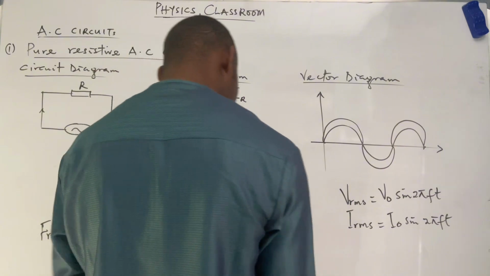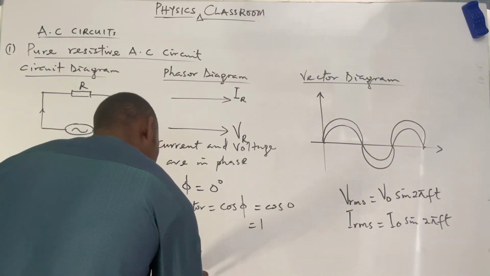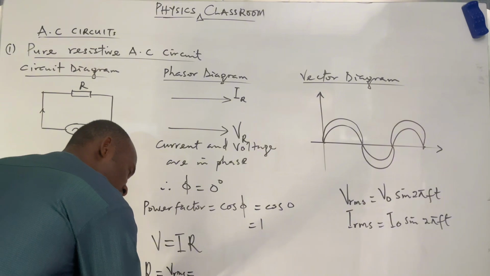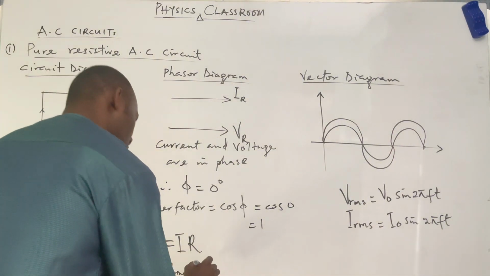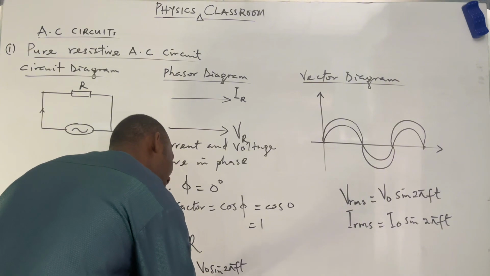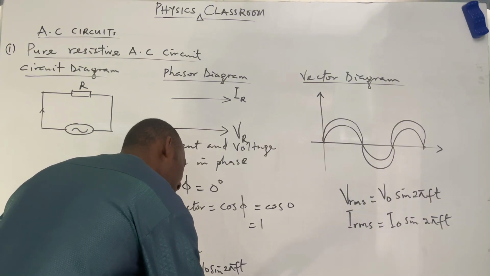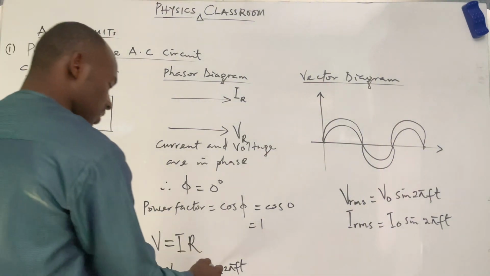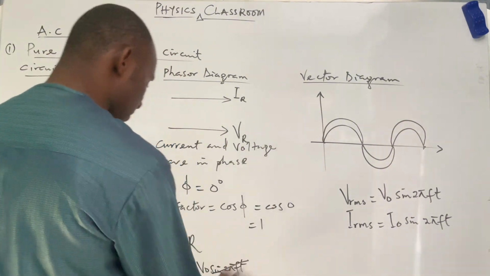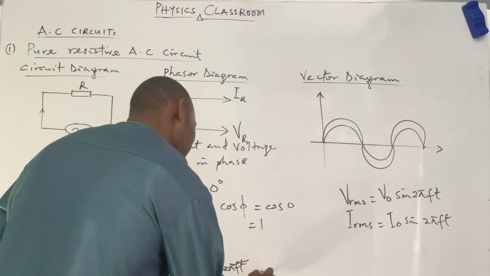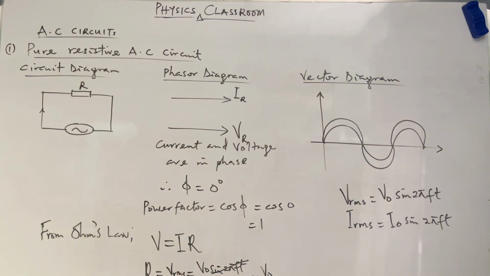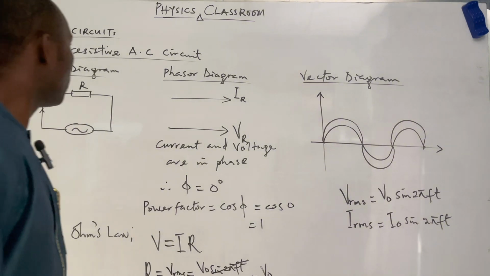If this is the case, we can easily say this V here could be changed to Vrms, and this I automatically changes to Irms, so R will be equal to V naught sine 2 pi ft all over I naught sine 2 pi ft as well. Something we cancel out. The sine 2 pi ft at the numerator cancels the one at the denominator. Then we'll be left with V naught all over I naught. Please, let's take note of this. It's very important.